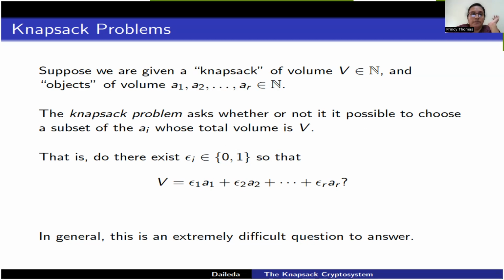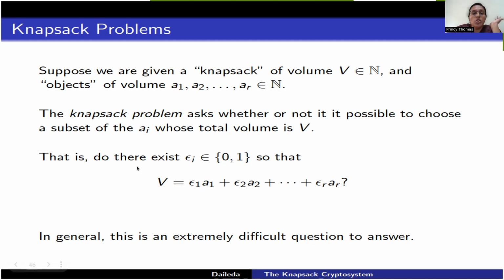That is my problem. Now the question over here is, should I put A1 or should I not put A1? If I'm putting A1, then epsilon 1 will be equal to 1. If I choose not to put A1, then epsilon 1 will be 0.